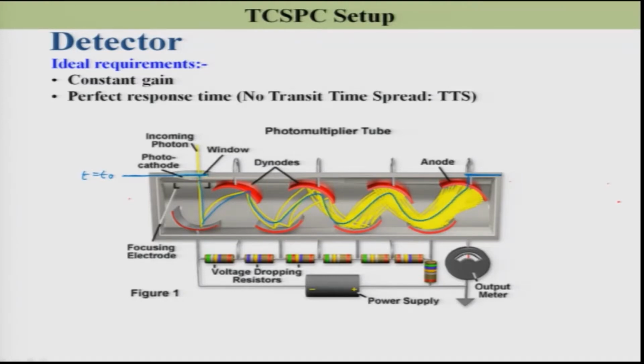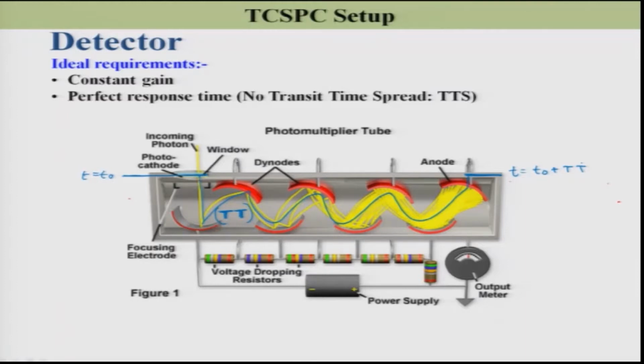Let us say this process takes a time Tt, the total time taken for the process. So the electron pulse will come out at time t equal to t0 plus Tt.